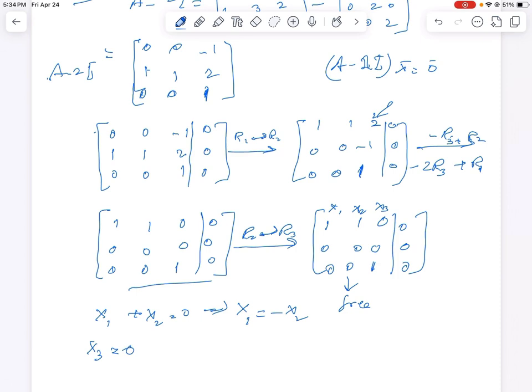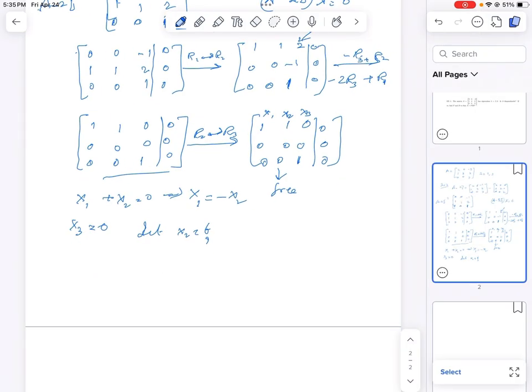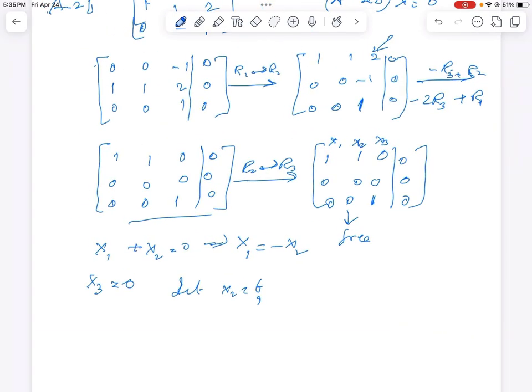So what will the vector look like? We'll say let x2 equal t, then x1 will be equal to negative t, x2 is t, and x3 is 0.